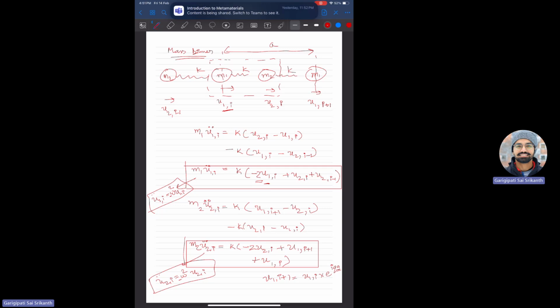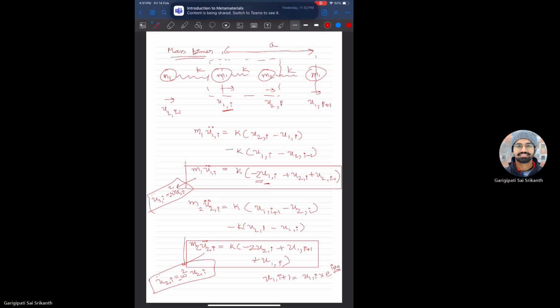So what we see is that if you were to write the equations of motion, for each mass you could write a free body diagram, and there are two independent degrees of freedom, so you'll get two equations. This is the first equation, and this is the second equation.